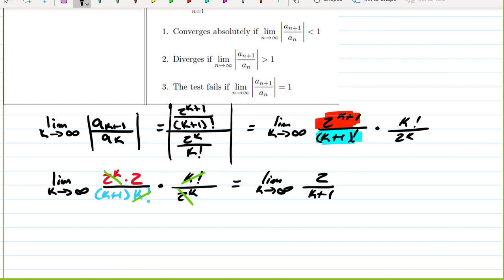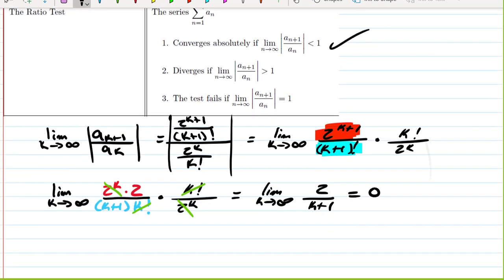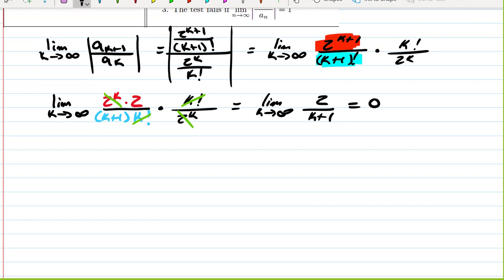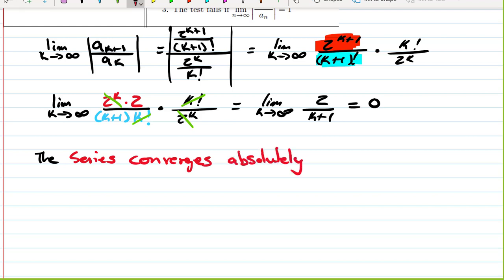Well, that's a constant divided by infinity, so that is equal to 0. 0 is less than 1, so the series converges absolutely by the ratio test.